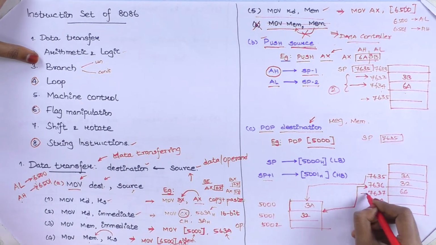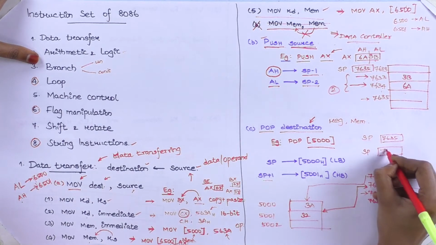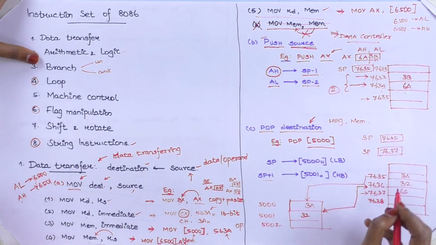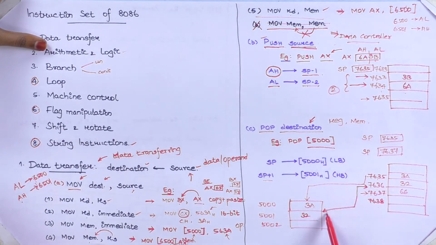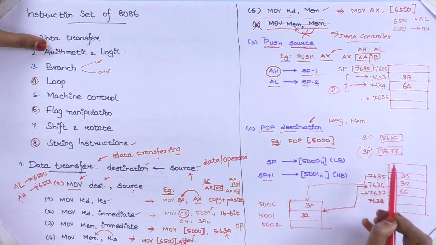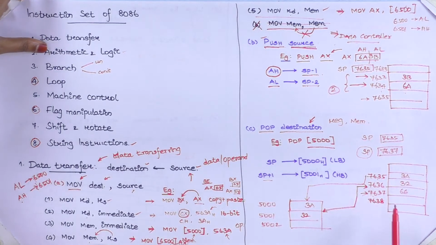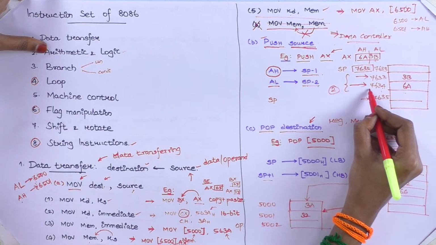Then the stack pointer will be incremented by 1. So now the stack pointer value is updated to 7637. First the value will be popped out from the stack, the pointer will be incremented, then the higher byte value will be taken, it will be incremented again and the stack pointer will be updated to the other value.